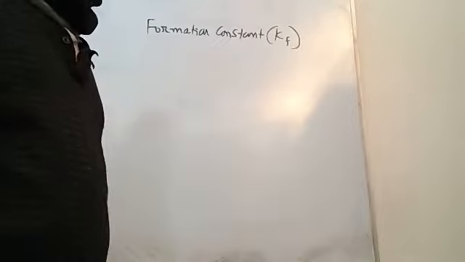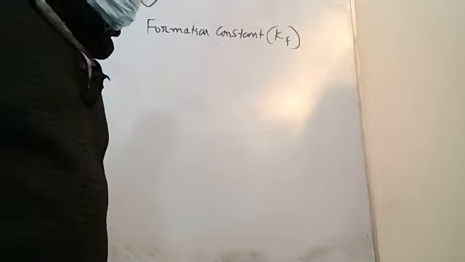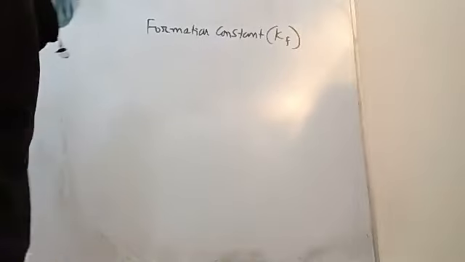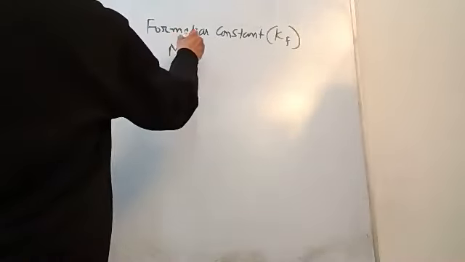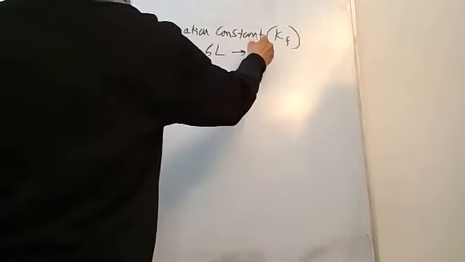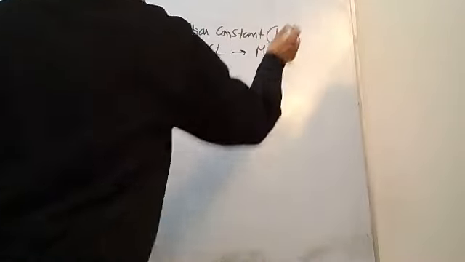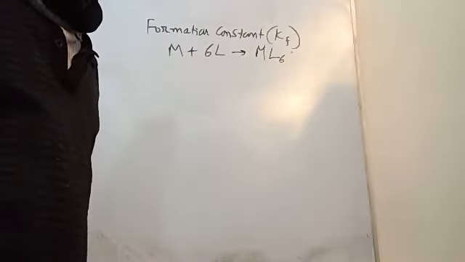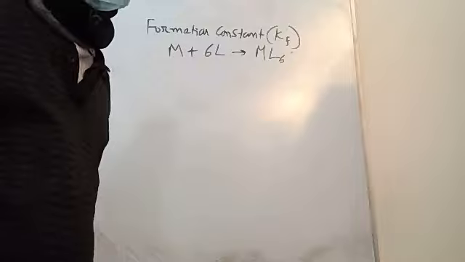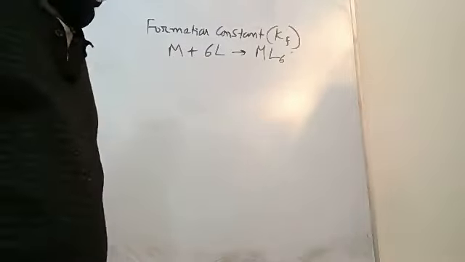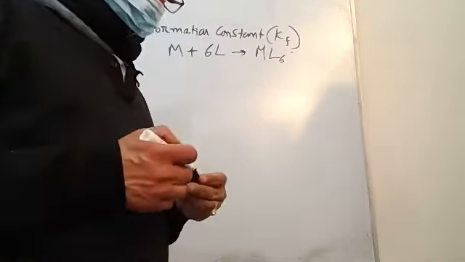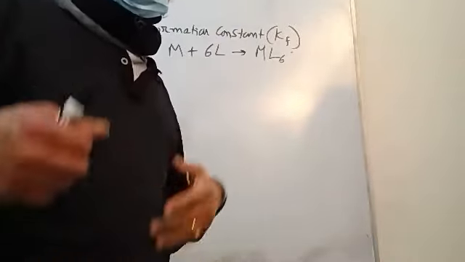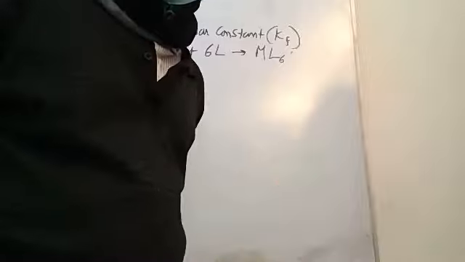Of course, whatever I'm going to present now can be applied to tetrahedral complexes too, but we'll start with the octahedral complex. If I have a metal ion and 6 ligands, we get an ML6 complex. The question here is: is this a concerted step? Is it a single step, or does it occur consecutively?